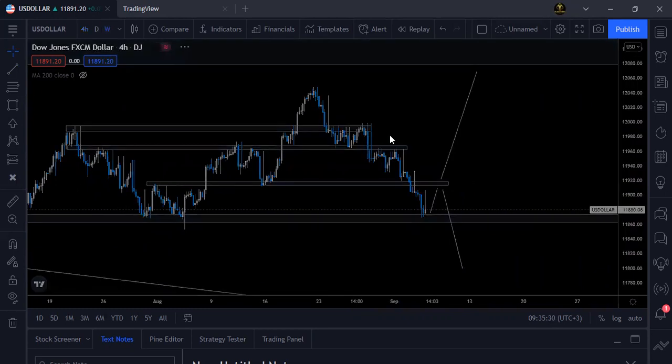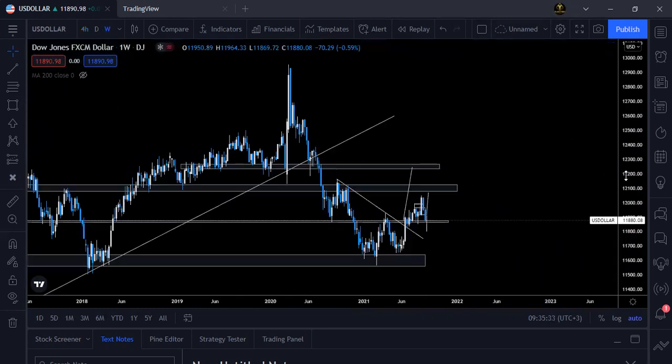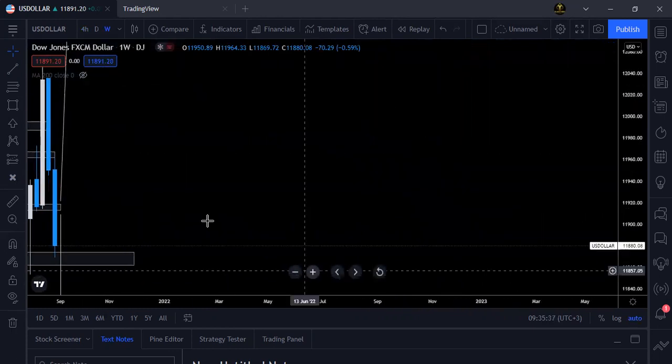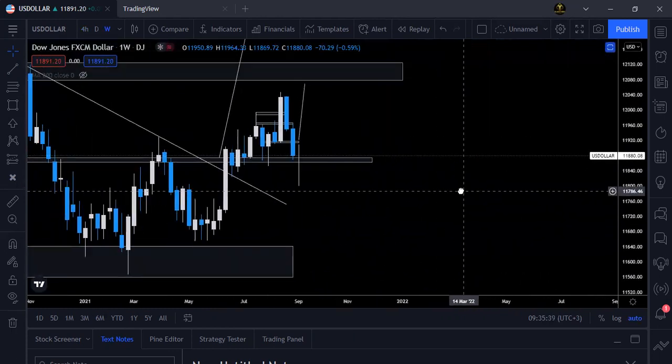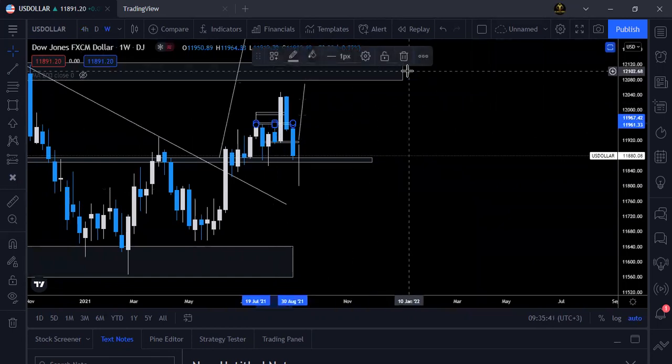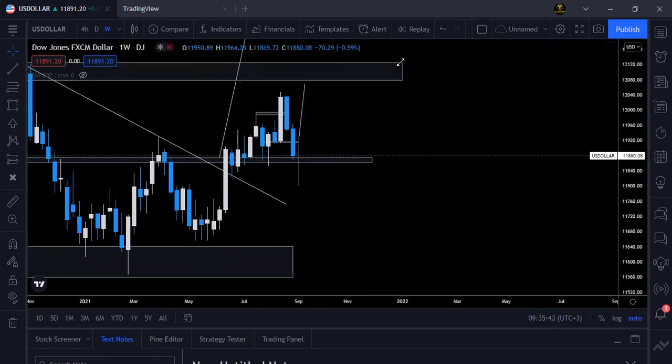If we look at it from a weekly perspective, you can see how the bears are in control. They just engulfed this anchor candlestick.